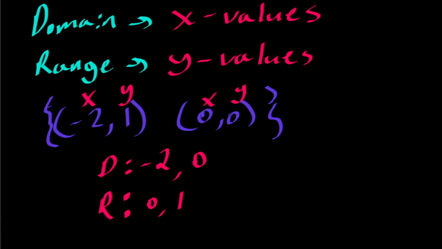Now, the last thing we need to go over when determining if we have a function is that we just need to check our x values, and I'll show you why.